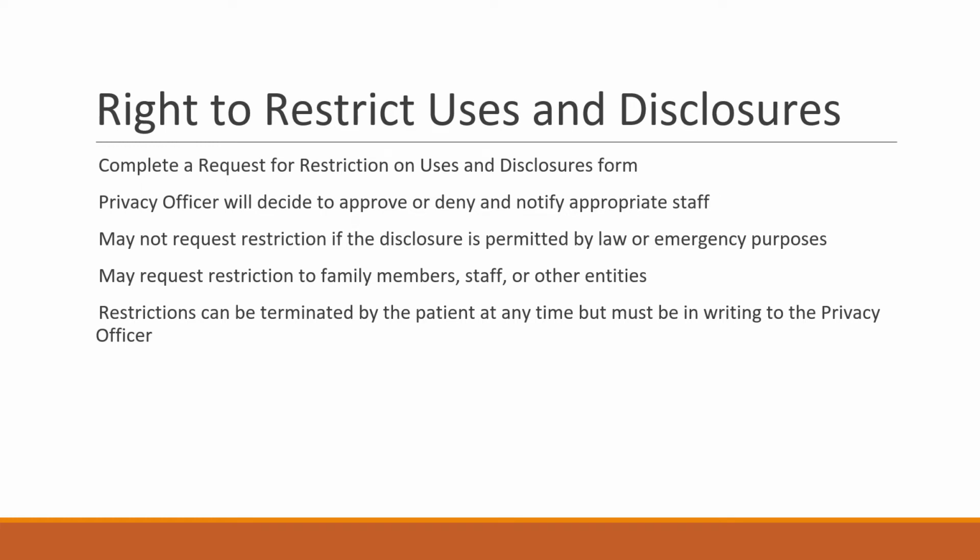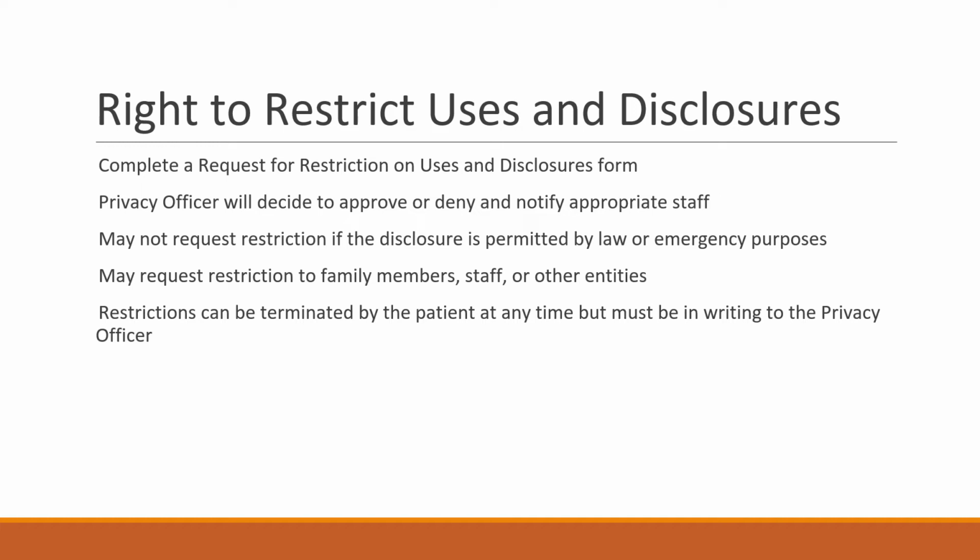The first thing is they have to sign a release of information form, and they will put their family member on that release, and we will have that release of information on file. The second thing is we have a form terminating the restriction.